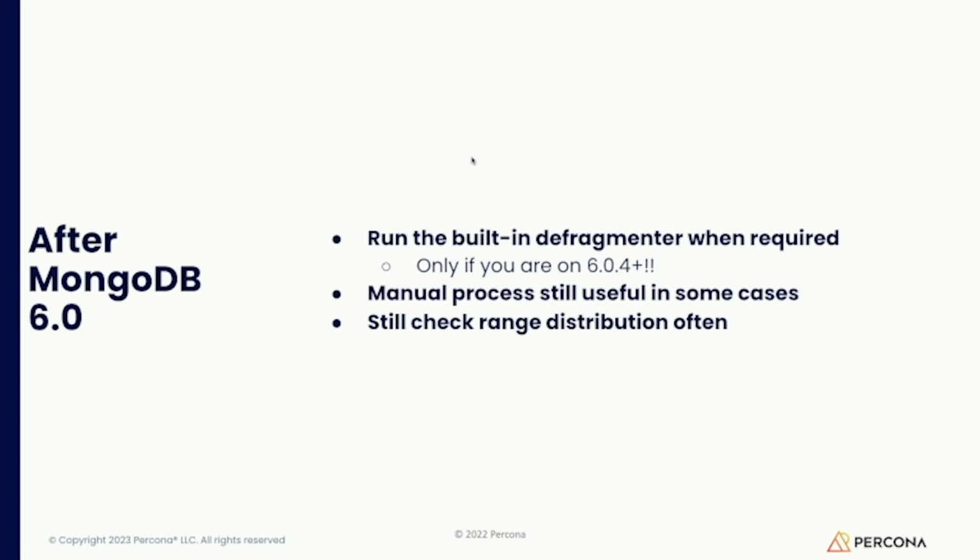Right. This is actually the chunk fragmentation. The disk fragmentation is a different issue. We have to do an initial sync to fix that. So this is all about the metadata, really, and reducing the number of chunks to avoid stalls during balancing, basically. That's the takeaway.